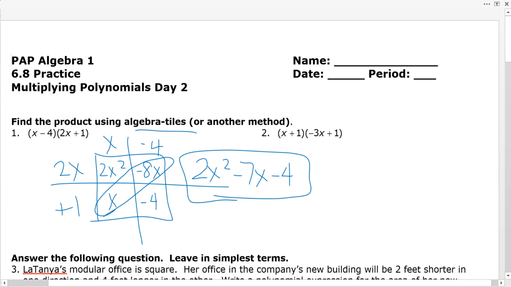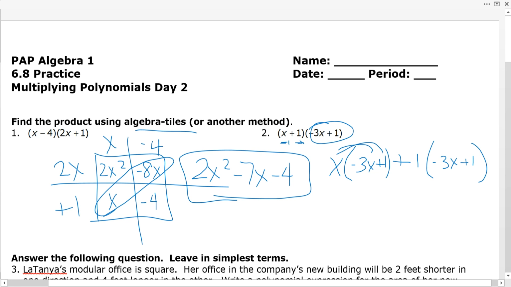Or I can do double distributing with my separating out my x plus 1, negative 3x plus 1, and negative 3x plus 1, so that I separated out the first binomial and I wrote the second one down so I can multiply each one of these times, distribute it through the other one at a time.